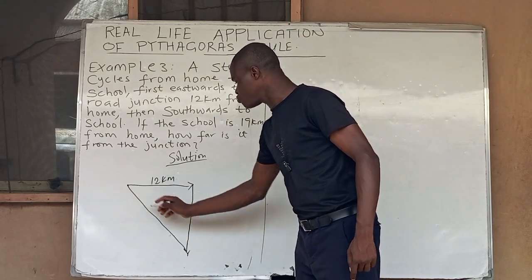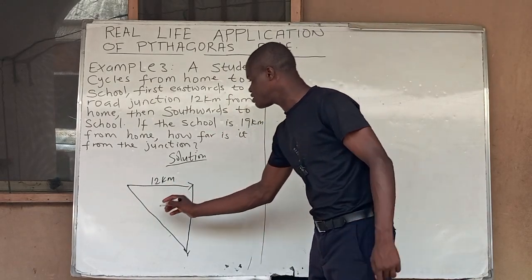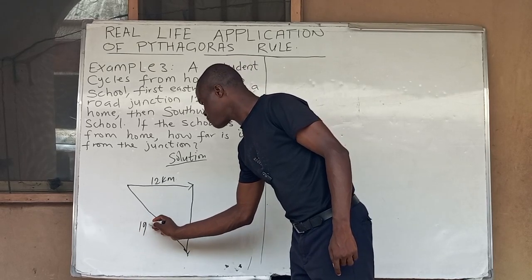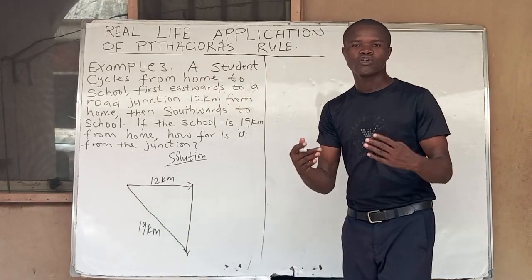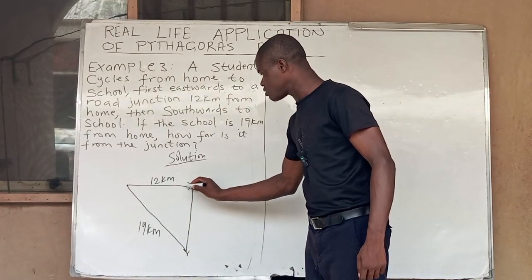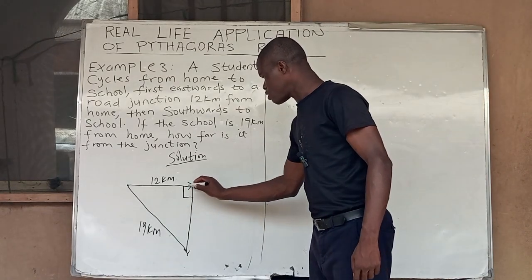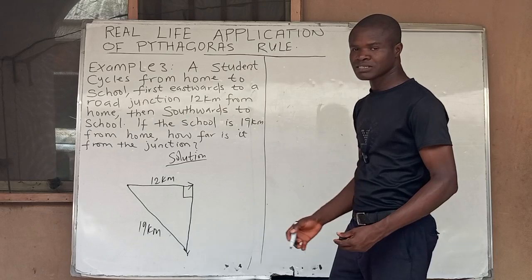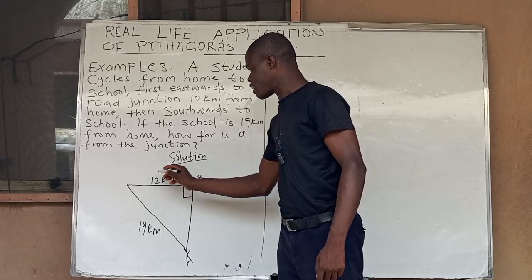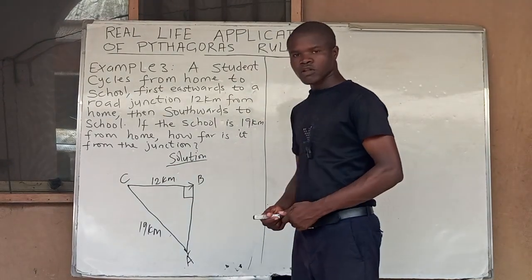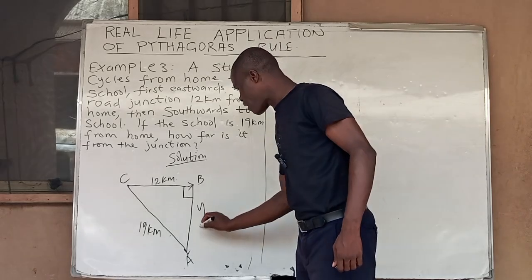And the distance from home to school, according to the question, is 19 kilometers. So definitely our angle 90 degrees is here. You can call here A, you can call here B, you can call here C. So let's call here y.